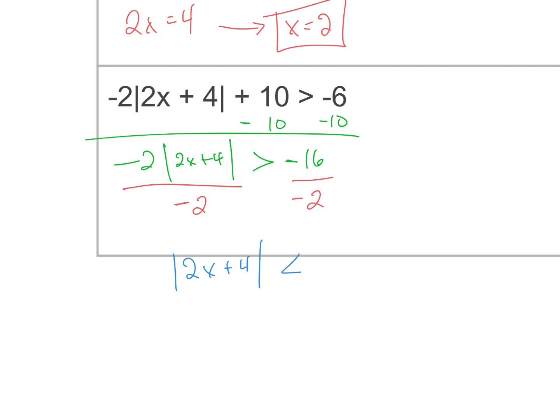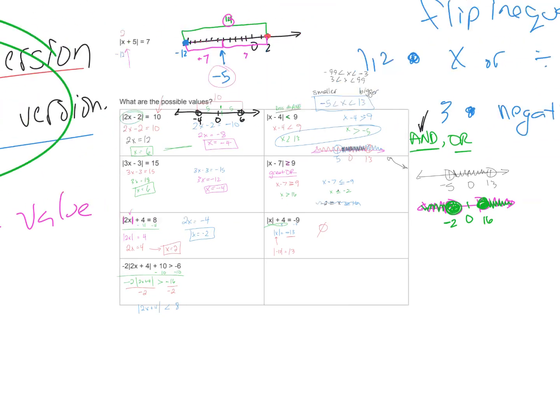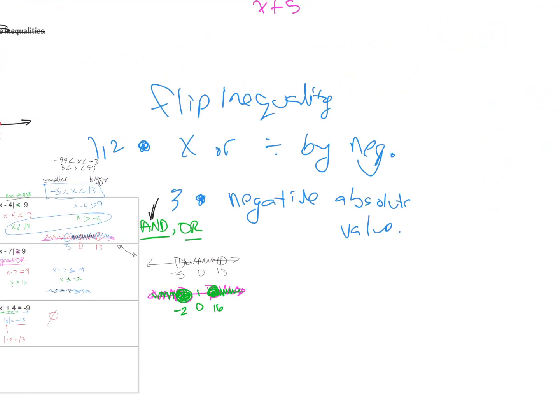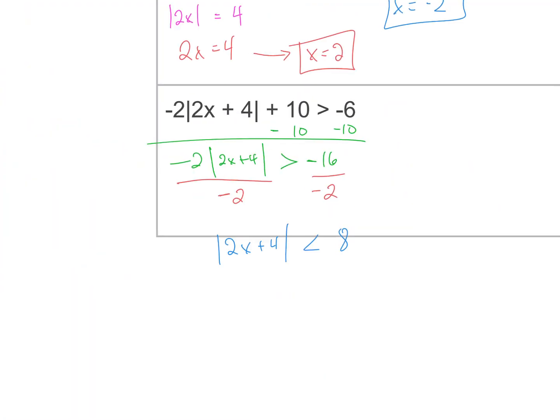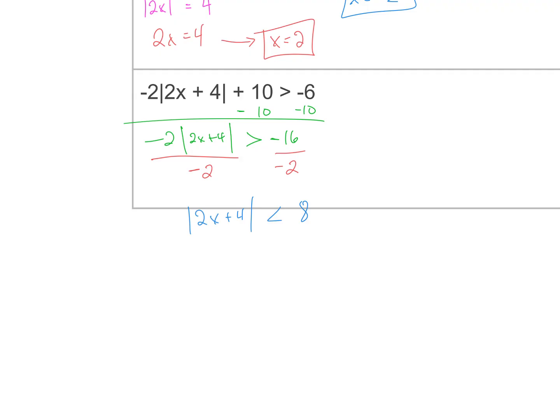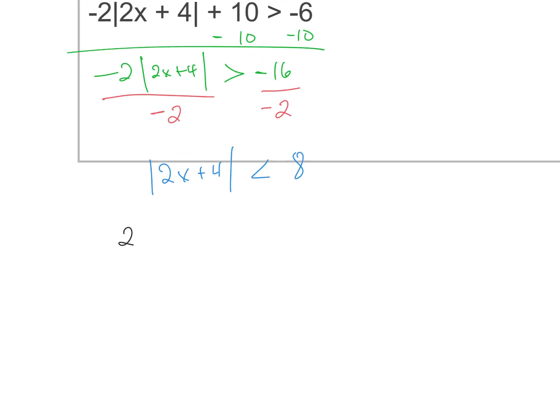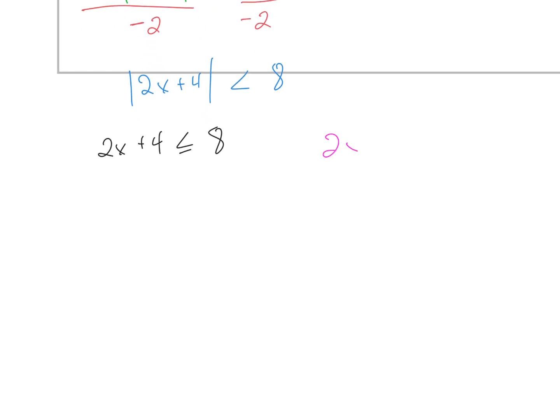And you're going to flip your inequality. Why? Well, because you multiplied or divided by a negative, so that's one reason why you flip it. All right, now we get to drop the absolute values because we have the positive version, and we're going to have the negative version.